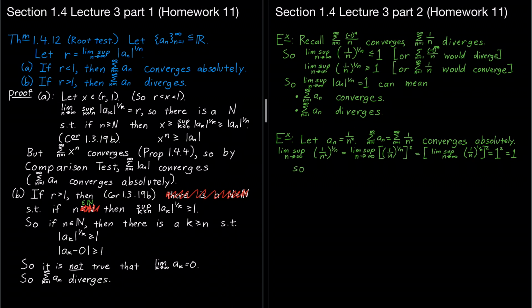So lim sup of a_n to the 1 over n equal to 1 can also mean that your series converges absolutely.